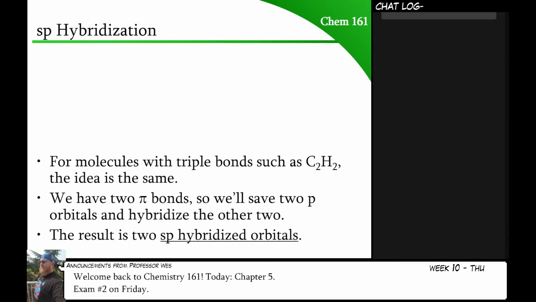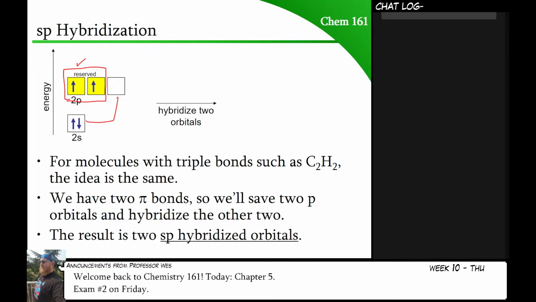With SP hybridization, I want to make 2 pi bonds, so I need 2 orbitals that are unhybridized p orbitals. So when I hybridize, we're going to hang on to these orbitals and leave them as they are. These 2 will go into the blender. You don't have to blend very long for 2 things.